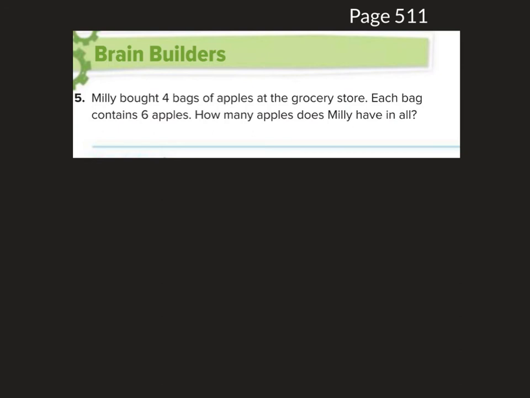I want to do one brain builder here. It says Millie bought 4 bags of apples at the grocery store. Each bag has 6 apples. How many apples does Millie have in all? So we've got 4 bags and there's 6 apples in each bag. So I know I'm going to do 4 times 6. I have 4 groups of 6 apples. I want to know how many do I have. So if I do the same thing we've been practicing, I could break 6 into 5 plus 1.